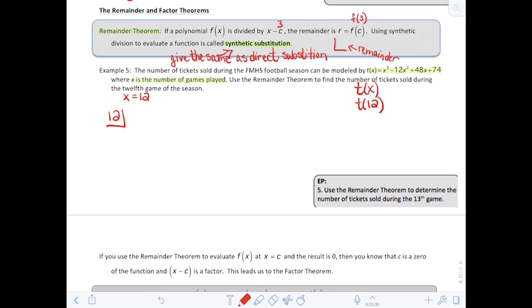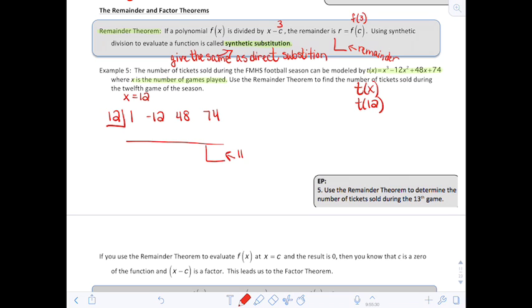In the initial box, we're going to put a 12, the x value that we're looking at. Then we're going to list the coefficients: 1, negative 12, 48, and 74. The answer is going to be the remainder. That's why this is the remainder theorem.